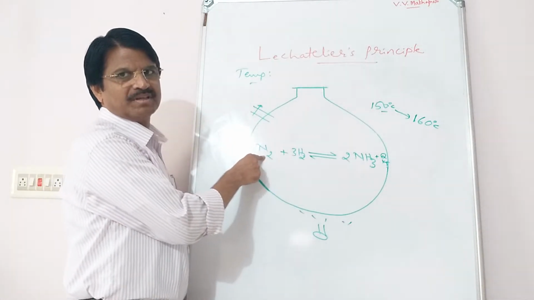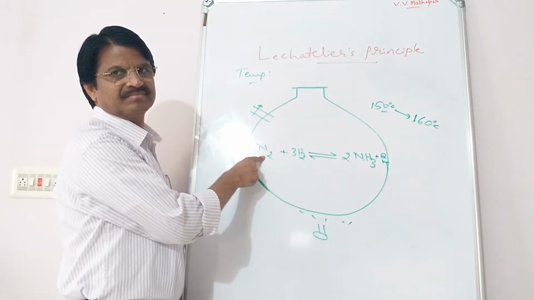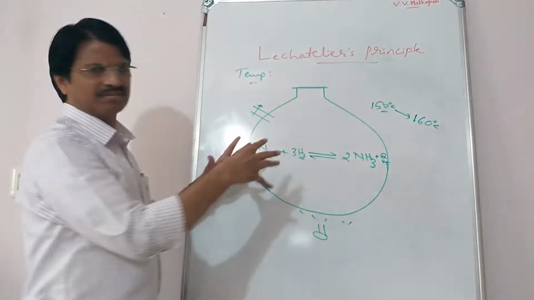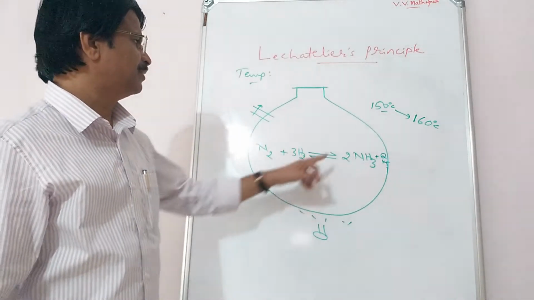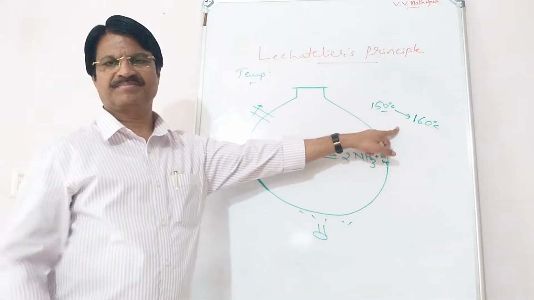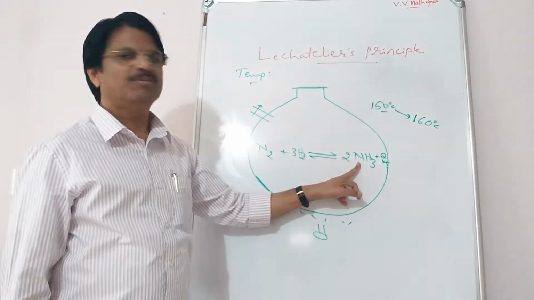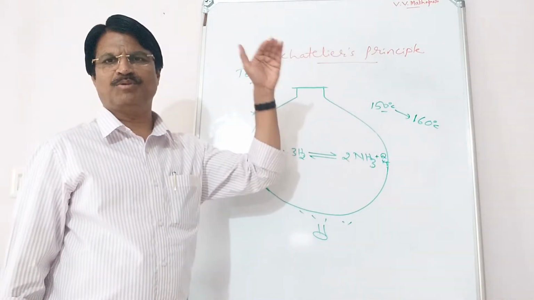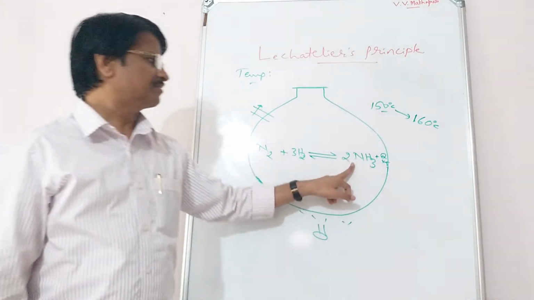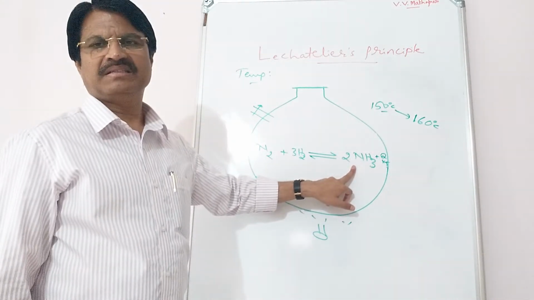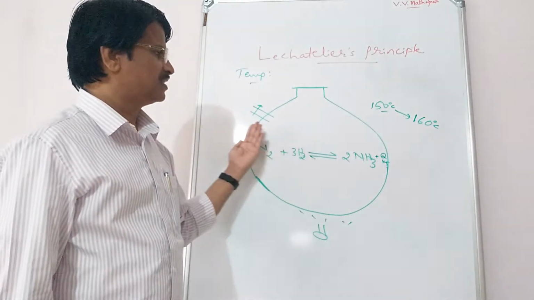Nitrogen more reacted. Like this they can give different options. But which one is correct? If temperature is raised, then the yield of ammonia is less, or more, or remains constant. The answer is the yield of ammonia is less, because the backward reaction is favored.